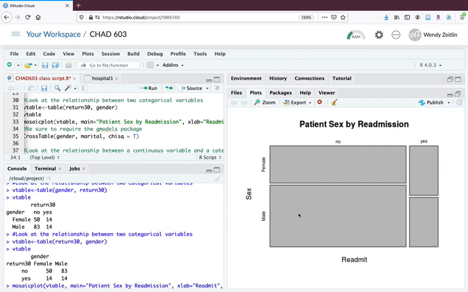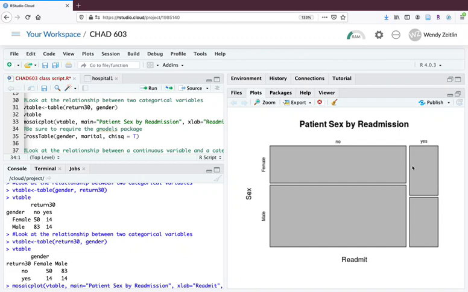The largest group, though, that we have are males that did not return. And the smallest group, like I said, by the size of the box, are either males or females who did return, and the middle group would be females who didn't return.